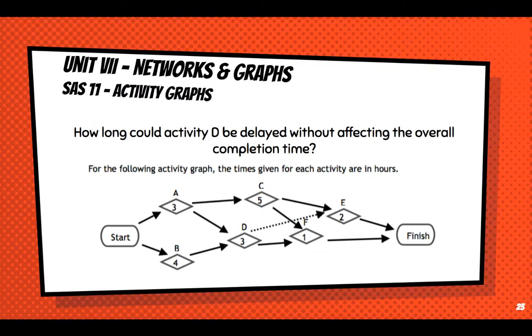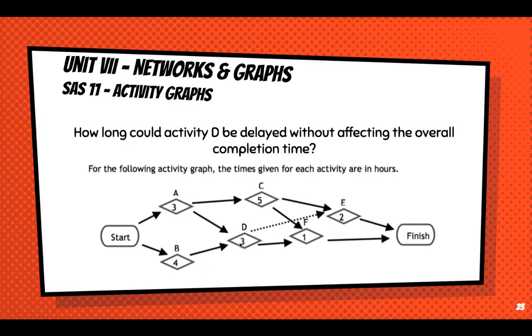All right. How long can D be delayed? The only prerequisites for D are A and B. B is 4 hours, so we can't start D for 4 hours. But there is a pathway after D, 1 and E, 2. So we can only delay this pathway 4, 3, 2, which is 9.